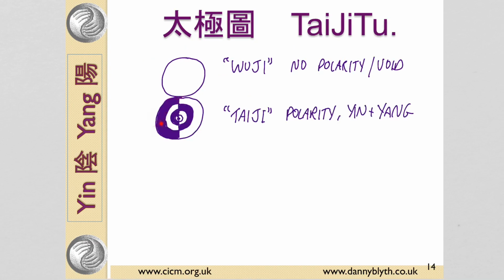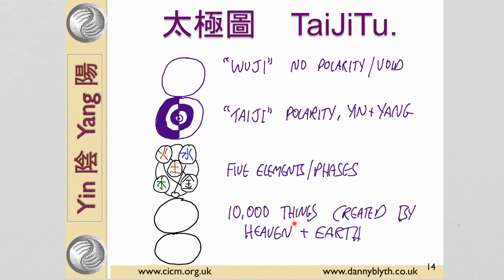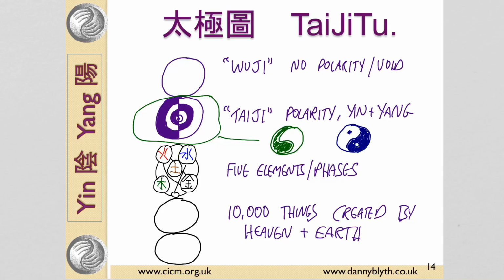A second circle representing Tai Chi, polarity and the emergence of Yin and Yang. A third circle representing the interaction of the 5 elements or the 5 phases. And finally 2 touching empty circles representing the 10,000 things that are created by heaven and earth, or everything. And later it was the second circle that became the versions that we're more familiar with.